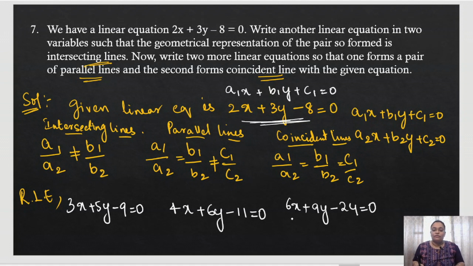Okay. So if you find the ratios, you will get 2 by 6 is 1 by 3. Then 3 by 9 is also 1 by 3. And 8 by 24 is also 1 by 3. Okay. So you will get all the ratios equal. So this equation is also satisfying the condition for coincident lines.